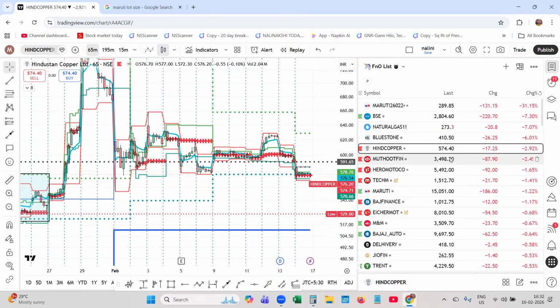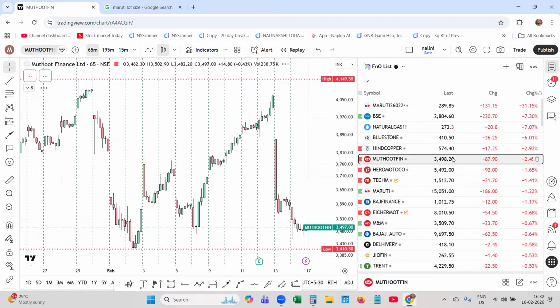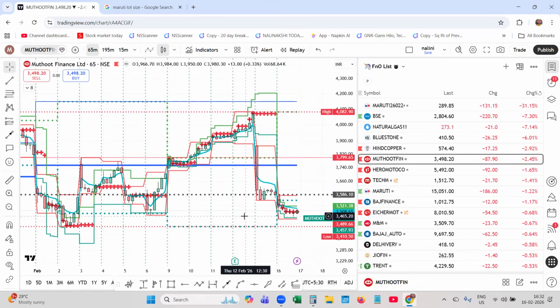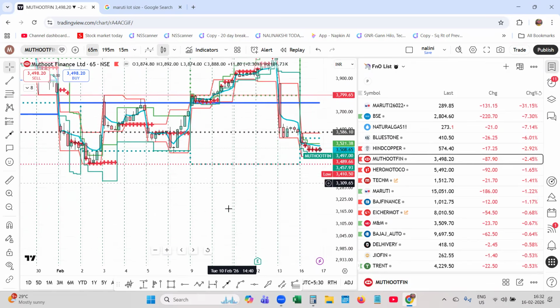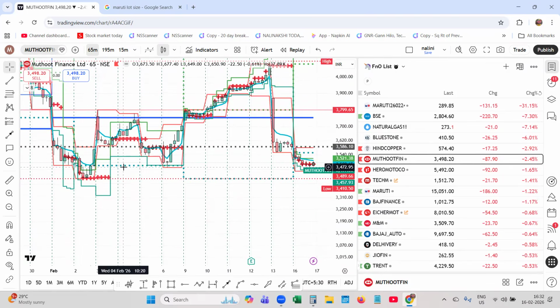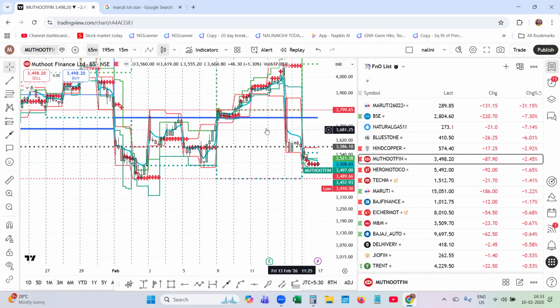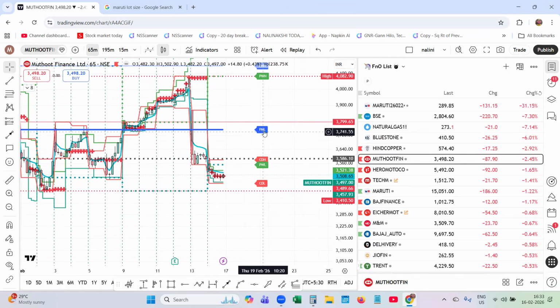Like that, you can consider Muthoot Finance. What has happened to Muthoot Finance? Almost it has moved down. And where is the location? This is the previous week low and previous month low.